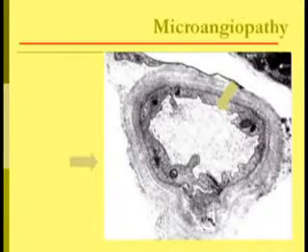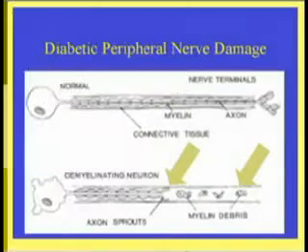This picture shows blockage of a small blood vessel which feeds a nerve, and subsequently diabetic peripheral neural damage is of 2 types. It could be due to an axonal damage or due to demyelination. The axonal damage may also be attributed towards a subsequent regeneration, and as the nerve fibers reconnect, it leads to certain positive symptoms like paresthesias or perverted sense of pain.